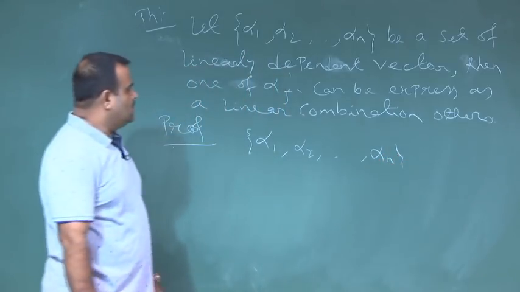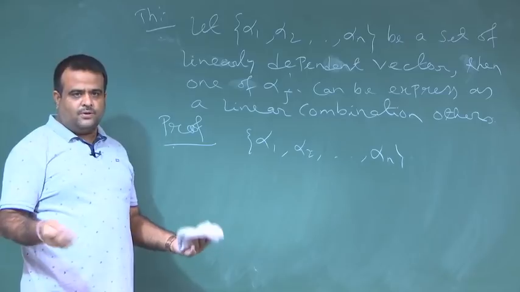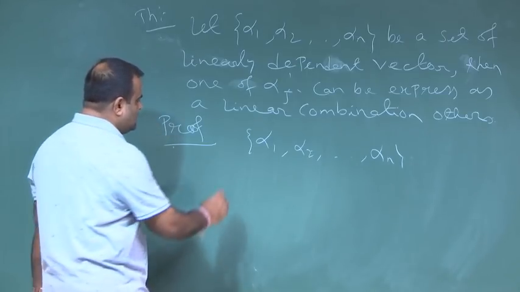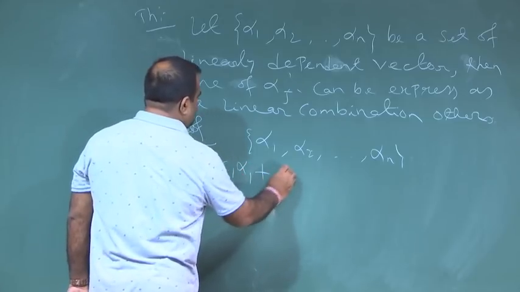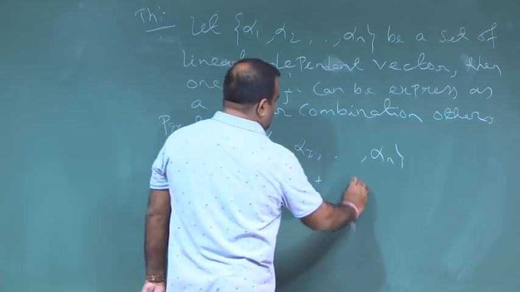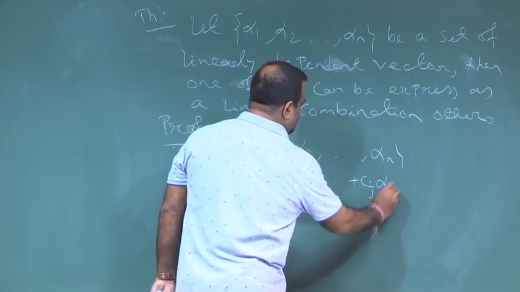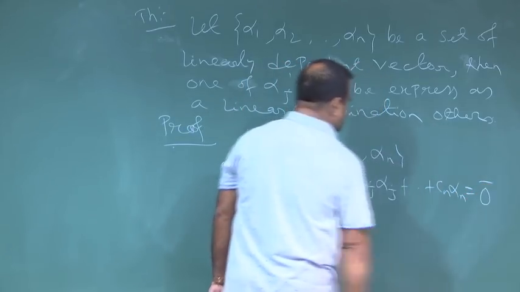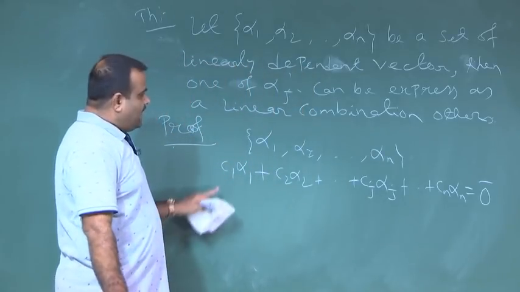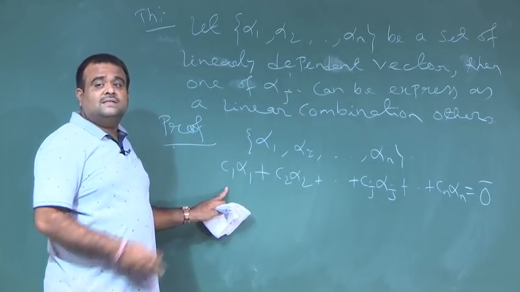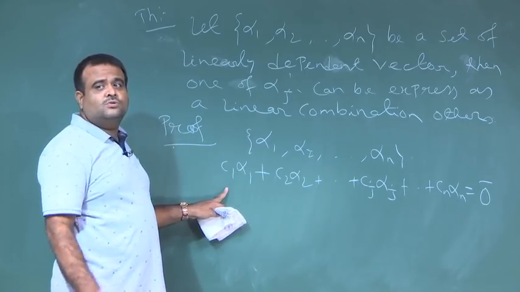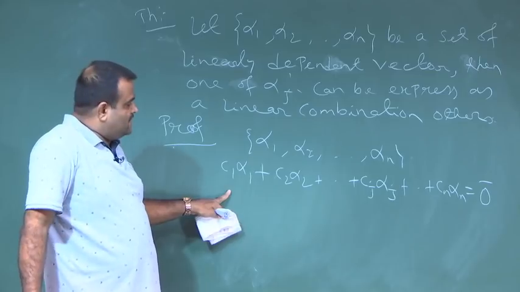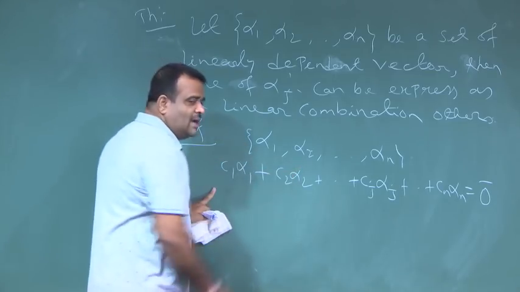That means we must have some non-zero Cis, not all Cis are 0, such that C1 alpha 1 plus C2 alpha 2 up to Cj alpha j up to plus Cn alpha n is the 0 vector, where not all Cis are 0. If all Cis were 0, then this would give us a linearly independent set of vectors, but we are taking this to be a linearly dependent set. So here at least one of the Ci is not 0.